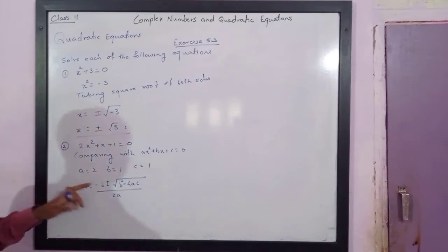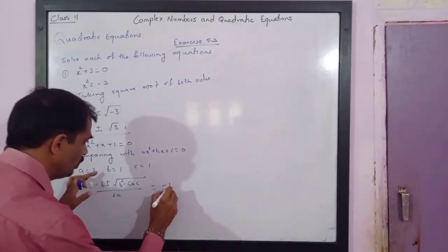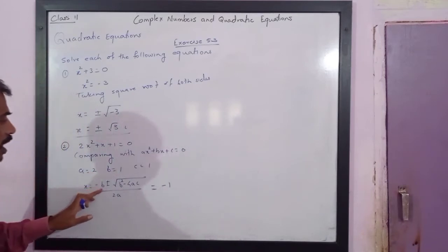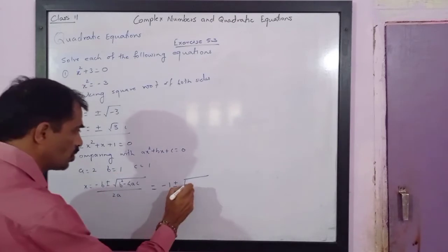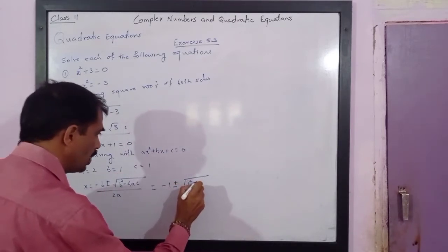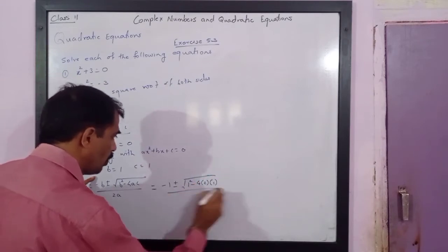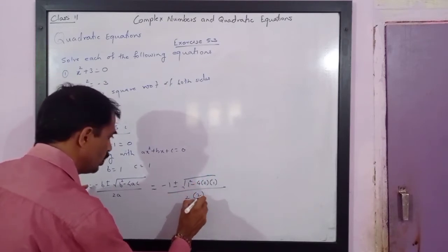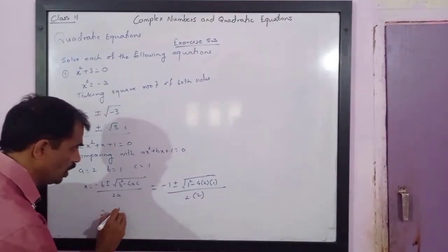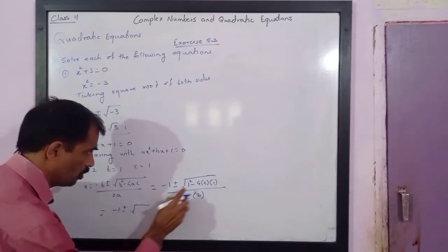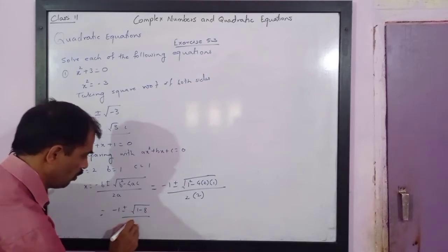So if you put the values, you will get the two values of x, that is equal to minus 1. Please note this negative sign, b is 1, plus or minus root of b square is 1 square minus 4 times a is 2 and c is 1 upon 2 times a is 2. So if you try to solve this, you will get minus 1 plus or minus root of 1 minus 8 upon 4.